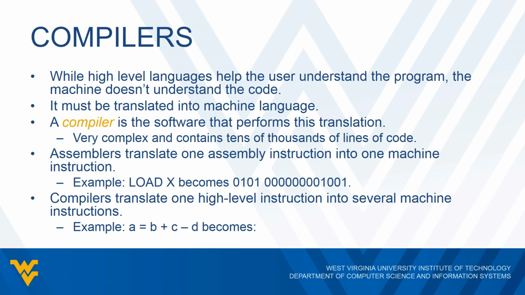So just to give an example here, let's say I have something like A equals B plus C minus D. That's a single statement in high-level languages. But when we translate it, it actually becomes several assembly level or machine level instructions. So this would have to be load B and then add C and then subtract D and then store A. So here, one high-level instruction turns into 4 assembly language instructions.